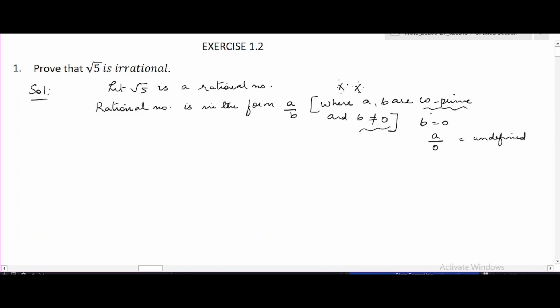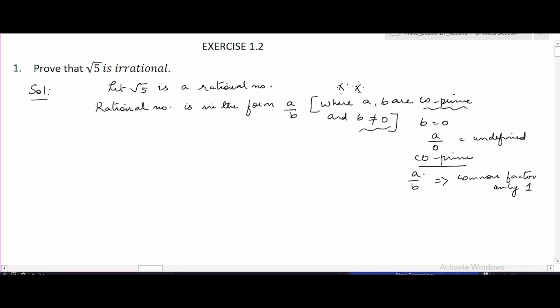Okay, now let me tell you what is co-prime. Co-prime means the numerator and the denominator, the a by b, should have the common factor as only 1. Only 1. No other common factor you should have.